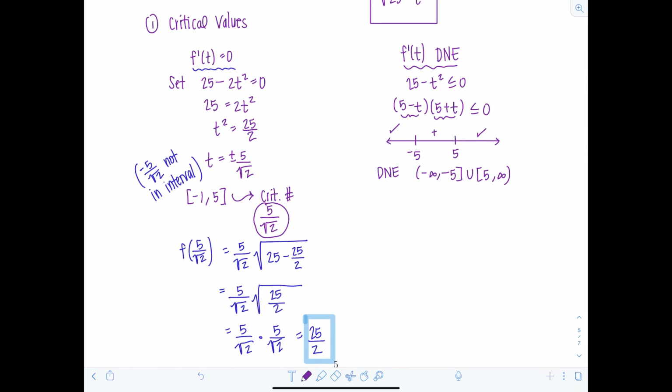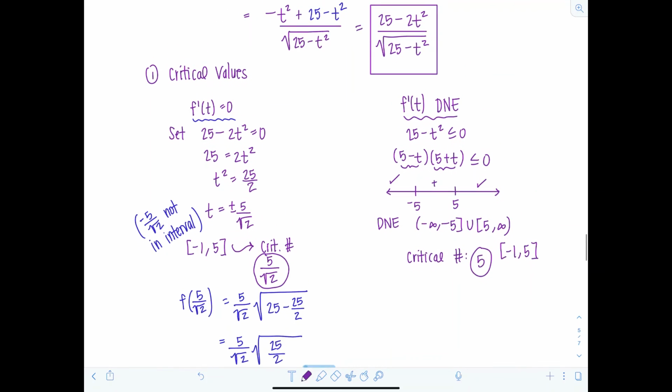Now remember, we're only considering the interval from -1 to +5. So the only x value that falls within that range that could be a critical number is +5. Also remember, critical numbers need to be within the domain of the function.